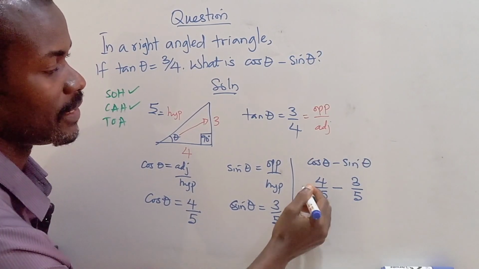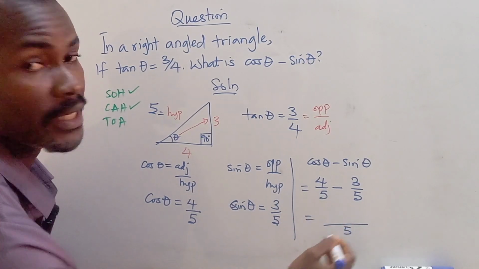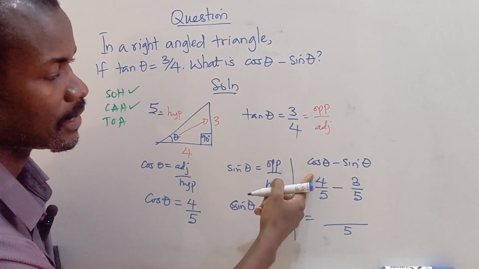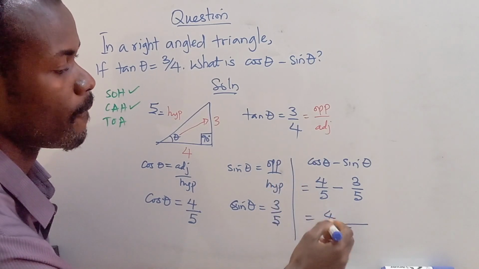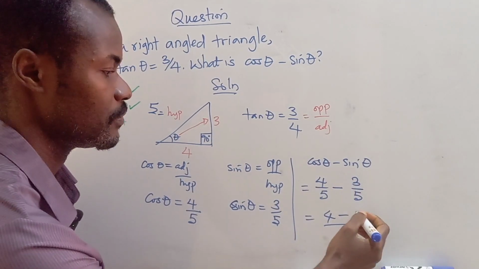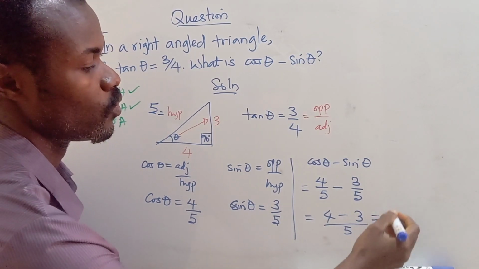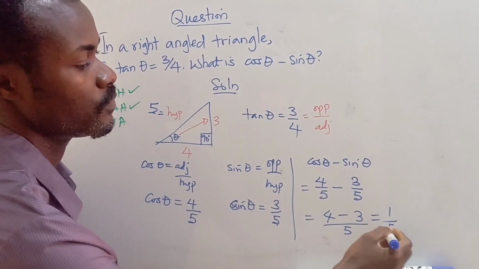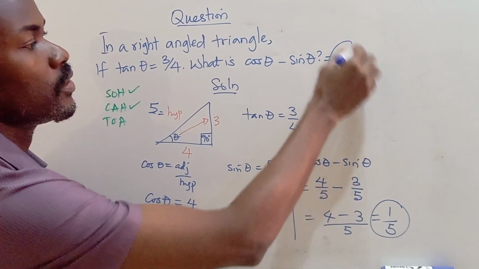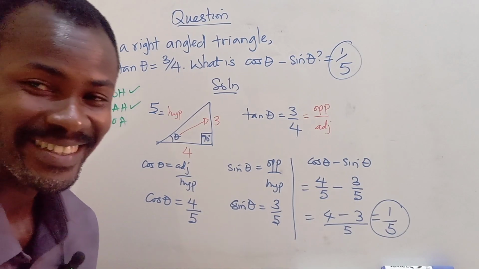Since they have the same base, we simply pick one of the bases. 5 divided by 5 is 1, times 4 is 4, minus 5 divided by 5 is 1, times 3 is 3. So we have 4 minus 3, which gives us 1 over 5. So 1/5 is the solution to this expression, cos theta minus sin theta.